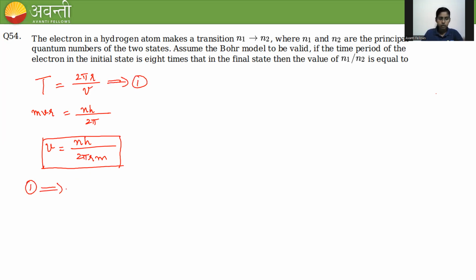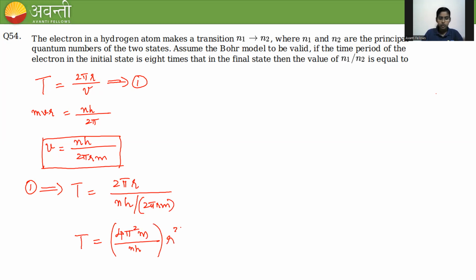So equation 1 becomes T is equal to 2 pi r divided by nh divided by 2 pi r m, okay, which is equal to 4 pi square m by nh into r square.